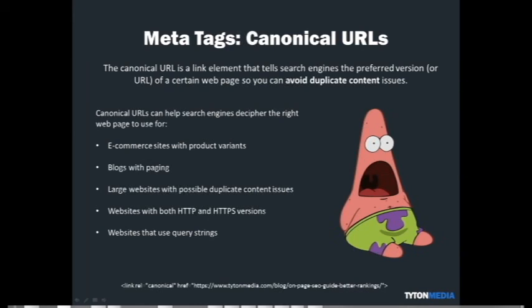It's also good for websites that use query strings, because a query string will not change the actual URL of a page. It will just add the keyword in the text, and the search engine will still think it's the same page. So it's very important to have these on your page, so that the search engines know which page is supposed to be what.